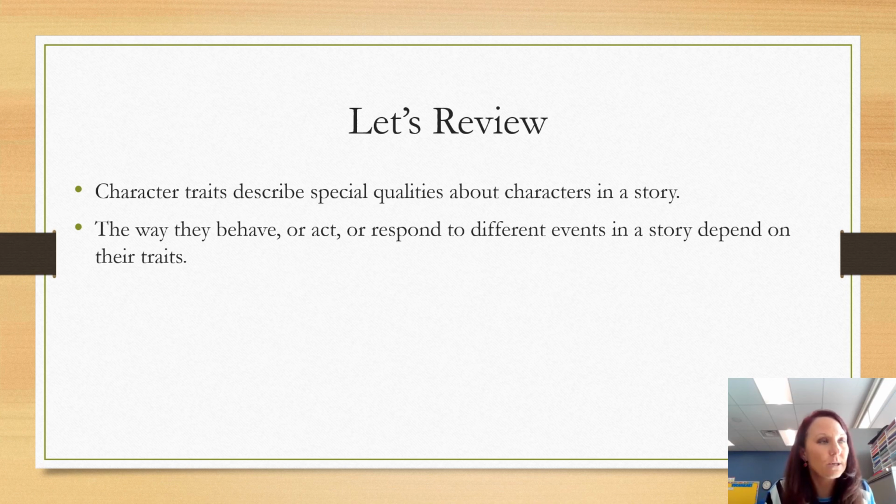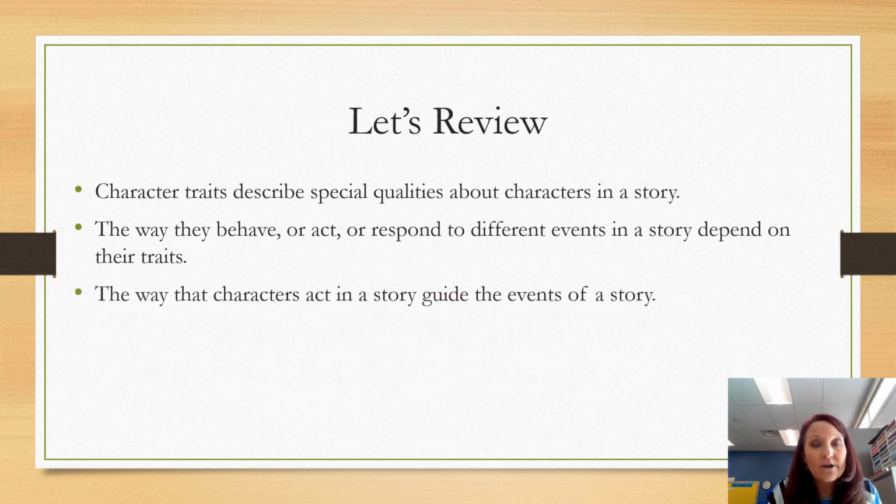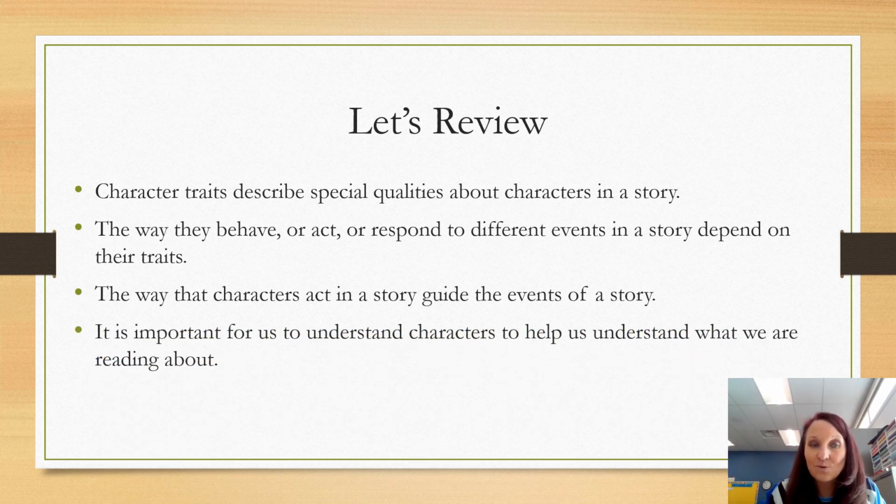If they're an angry person, they're going to do things that are angry. If they're helpful or kind, then they're going to be doing things that are a little bit nicer. And the way that characters act in the story guide the events in the story. And the last one, it is important for us to understand characters to help us understand what we're reading about.